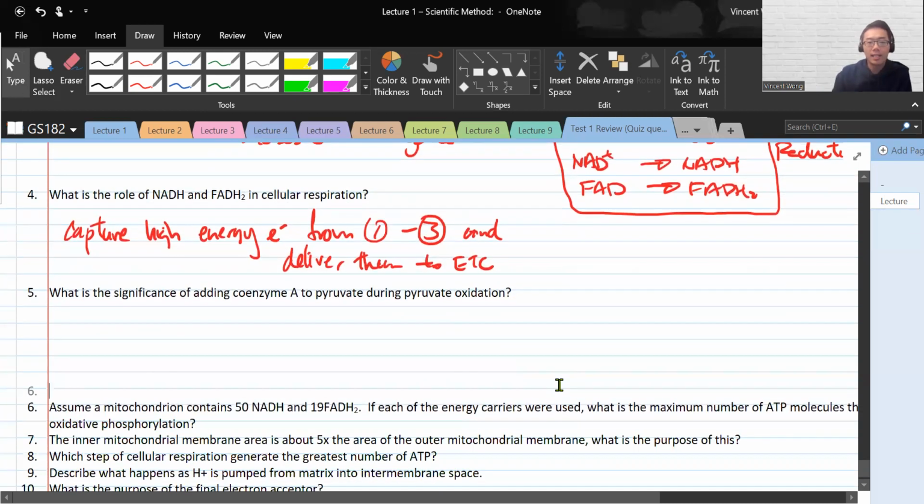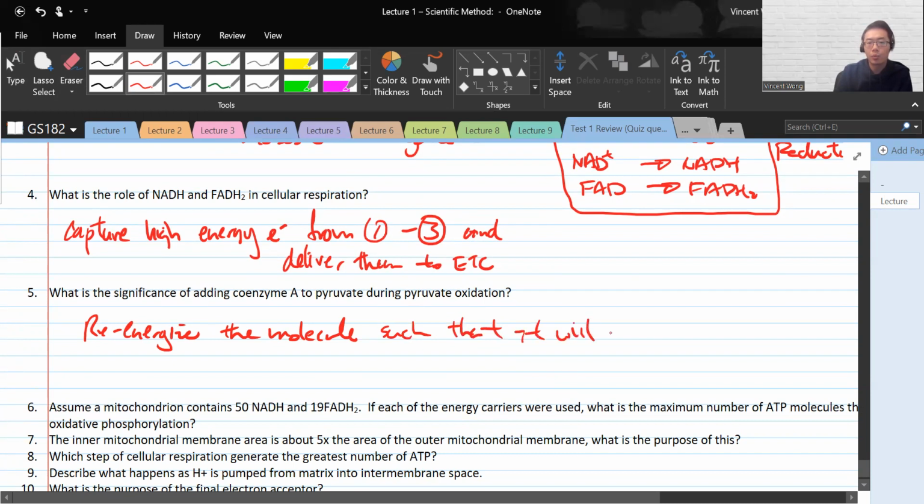Significance of adding coenzyme A to pyruvate during pyruvate oxidation. This is to re-energize the molecule such that it will react further in the Krebs cycle.